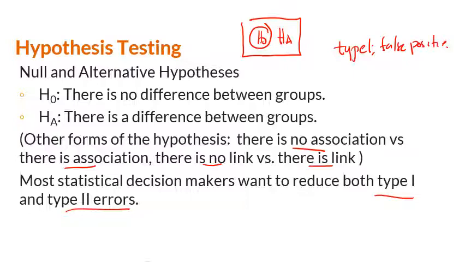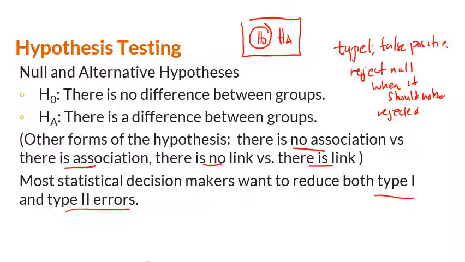So yung false positive is yung rejecting the null, reject yung null when it should not be rejected. Okay? So ibig sabihin, nag-alternative hypothesis yung ginawa mo, pero dapat null ka pa rin. Okay? So yan yung type 1 error ulit.